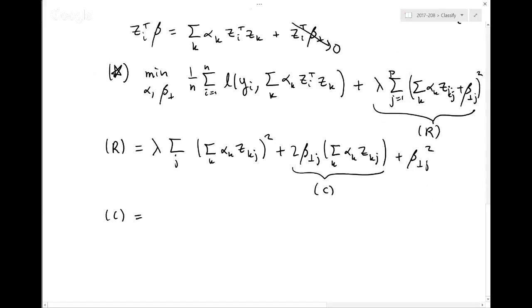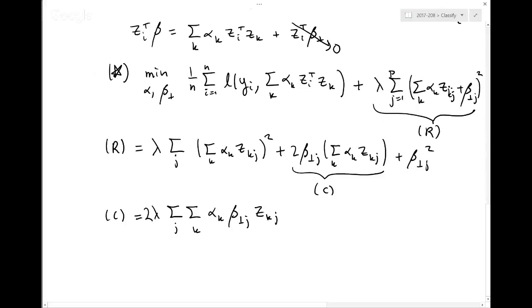This C is equal to, we still have this lambda term, sum over j, sum over k. There's a 2. Let's bring the 2 out in the front. And we have alpha_k, beta perp j, Z_kj.